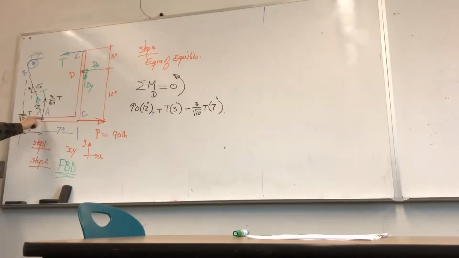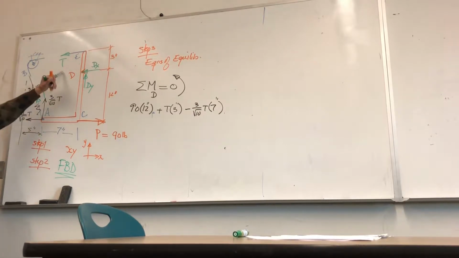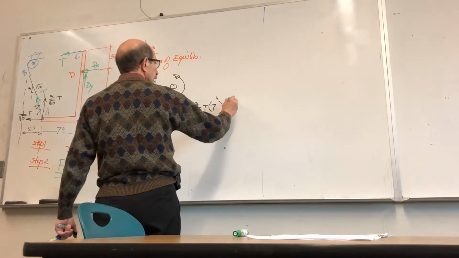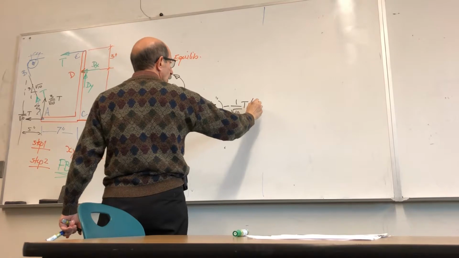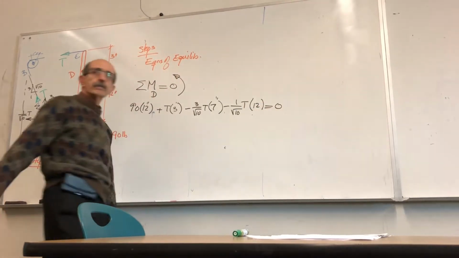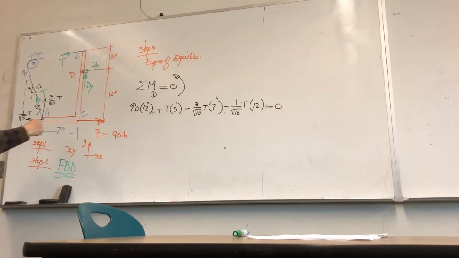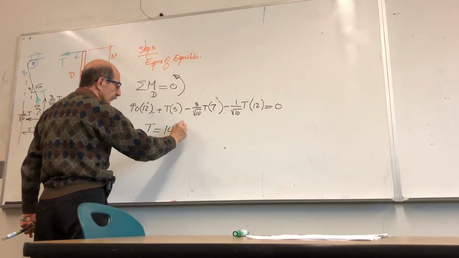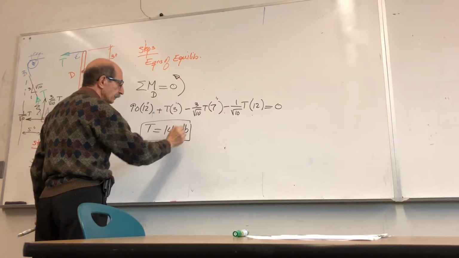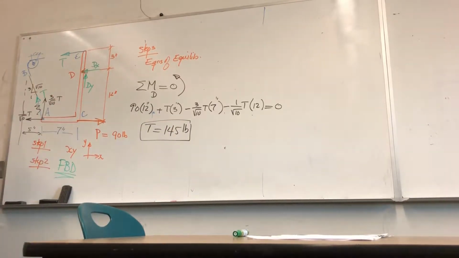This one is also clockwise, and this is the vertical distance, so it would be negative 1 over square root 10 T times 12, equal to 0. If you solve for the unknown here, you'll see that T comes out as 145 pounds, and the assumed direction is correct because it turns out to be positive. Any questions?